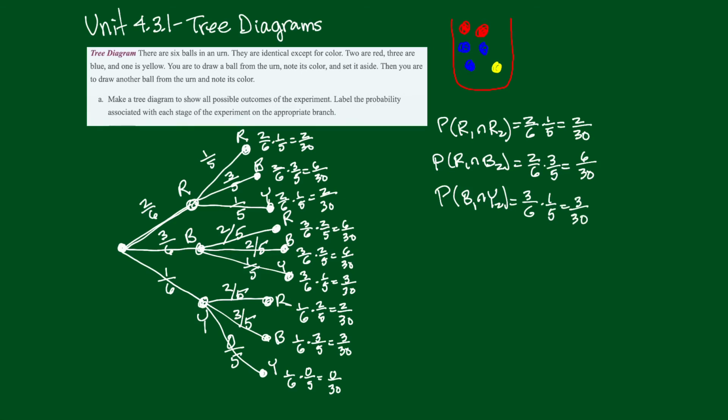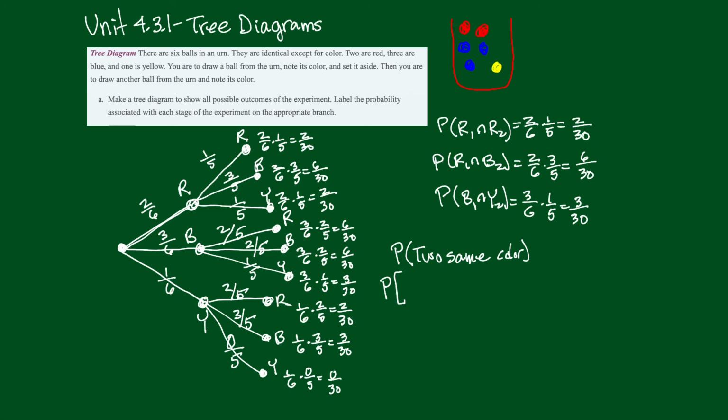Now what about this one here? What's the probability of getting 2 of the same color? All right, so how can you get 2 of the same color? Well, here's what could happen. I'm going to break this down like this.